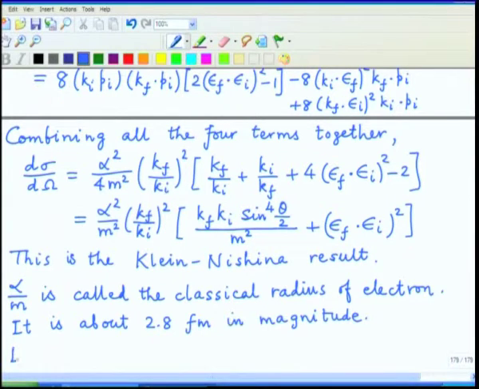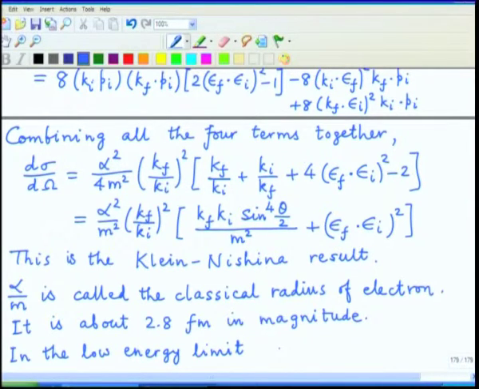So, in the low energy limit, which means k f and k I are much smaller than the mass, that part can be just thrown out, and in that particular case Kf will approximately become equal to Ki.